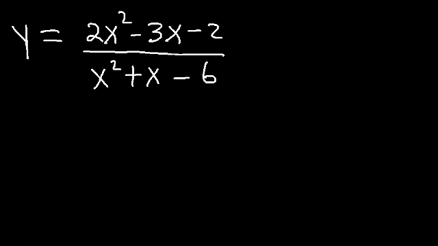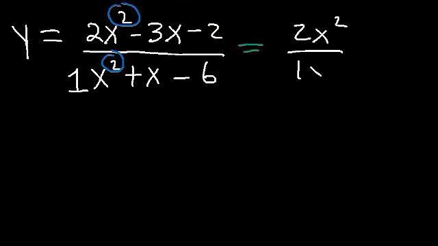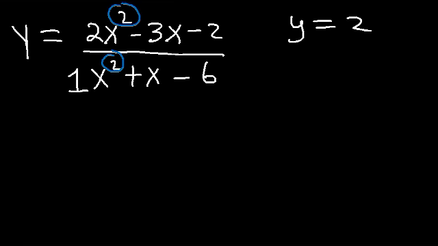So to find the horizontal asymptote, let's look at the degree of the numerator and the denominator. Notice that it's the same. So therefore, we just need to look at the coefficients. We could ignore everything else. So it's going to be 2x squared divided by 1x squared, which is approximately 2. And so the horizontal asymptote for this function is y is equal to 2.